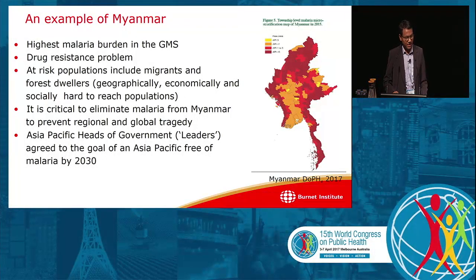Although the other regional countries have been progressing a lot toward malaria elimination, if Myanmar is not progressing well, the regional elimination goal will not be achieved. That's why the Asia-Pacific heads of government agreed to eliminate malaria from the Asia-Pacific region by 2030 at the latest.